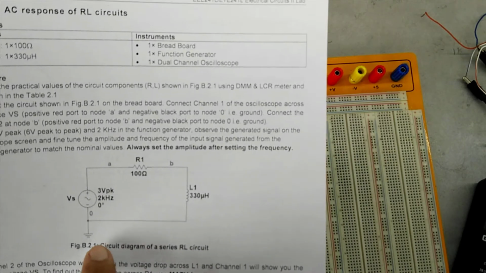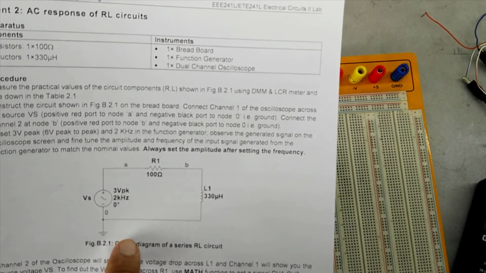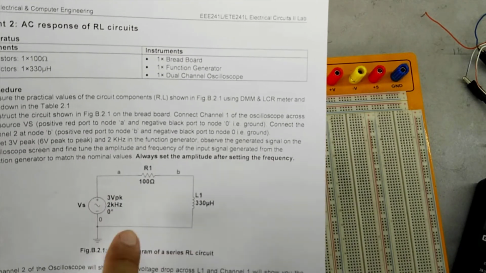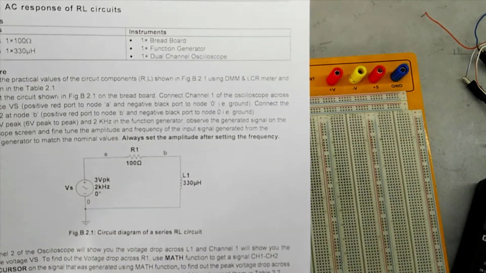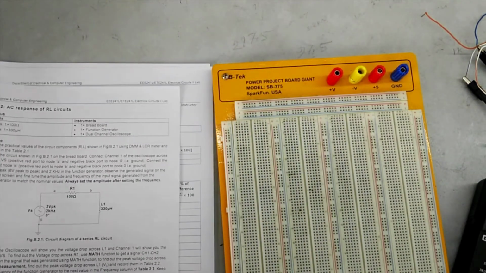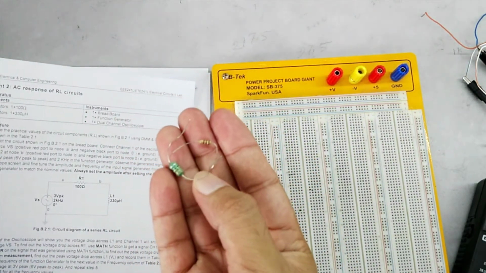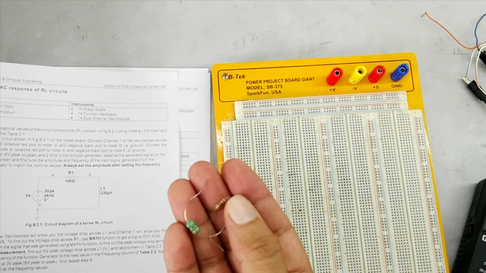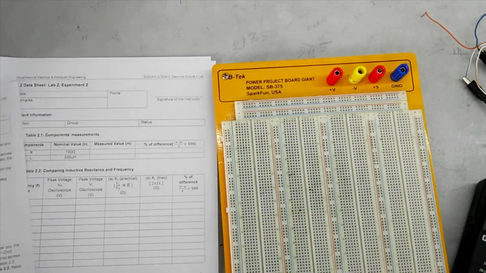So we will place these three components in series and connect our circuit. And as previous, there are three nodes A, B and 0, and we will build the circuit according to this diagram. Before building this diagram, we have to measure the practical values of our components. So we will do that using DMM and LCR meter and record them in our table.